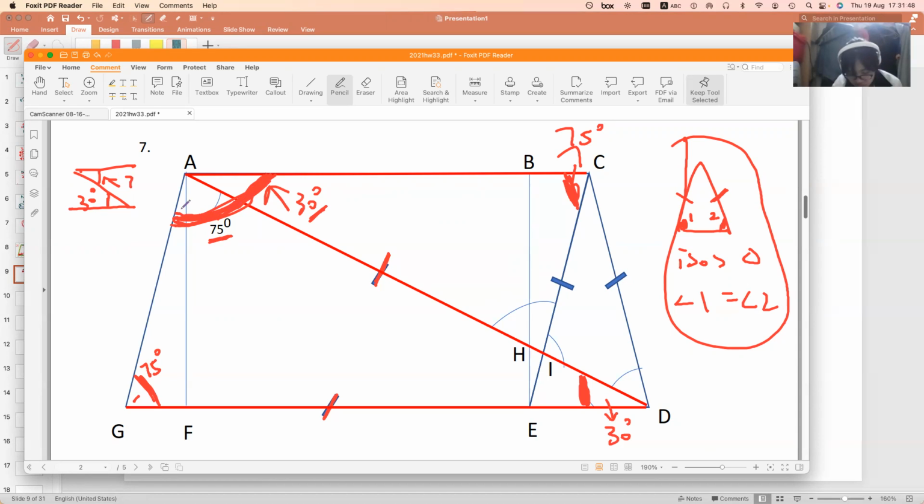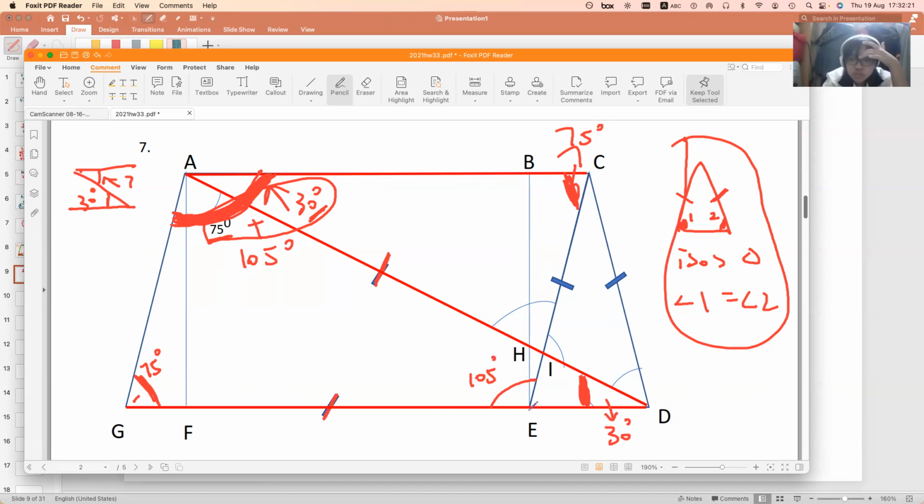How much? 105. Add up, right? The whole thing. So if this whole thing is 105, then in the parallelogram, this here is also 105. Right? Because opposite. Okay? Can?